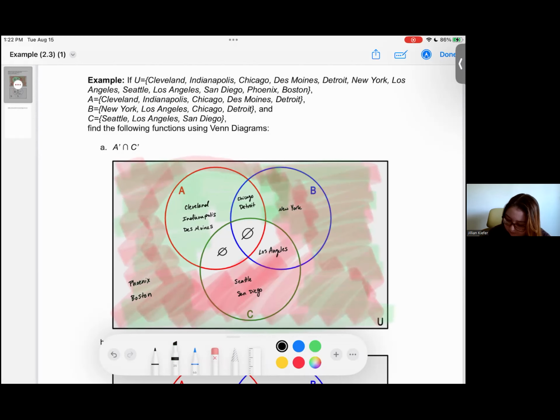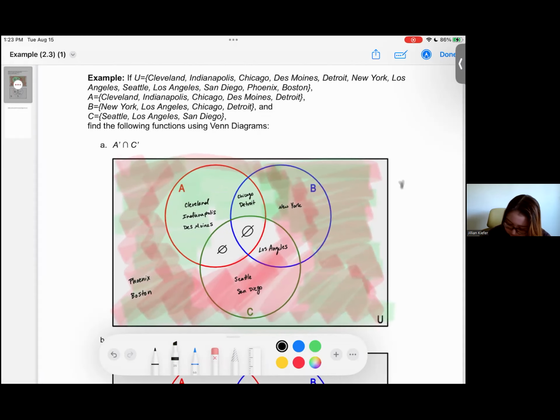So we're looking for the answer, which is anything shaded red and green. So it has to be both.